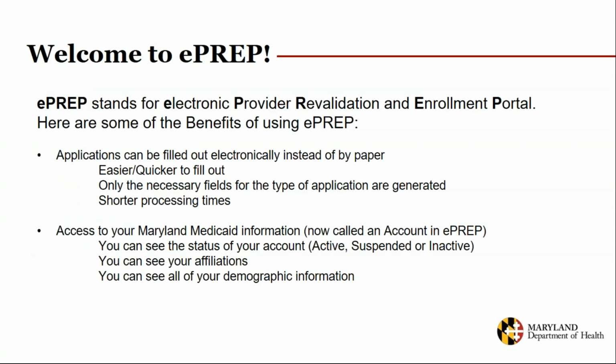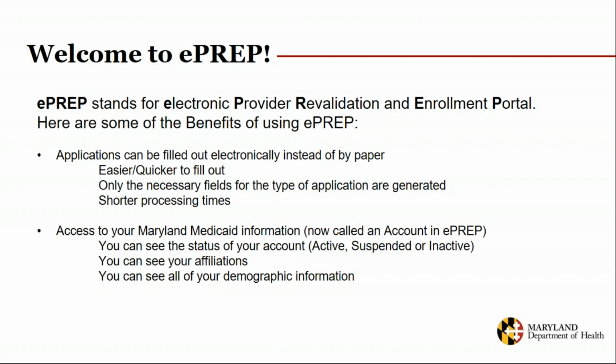So like we all know, ePREP stands for Electronic Provider Revalidation and Enrollment Portal. And here are some of the benefits of ePREP. Applications can now be filled out electronically instead of paper like we previously used to do, which makes it a little bit faster and quicker to fill out.